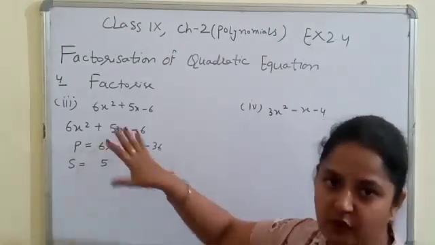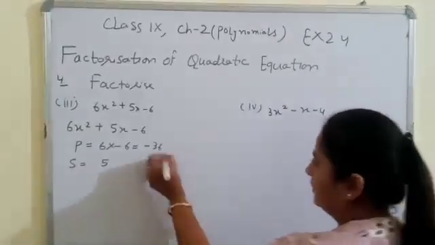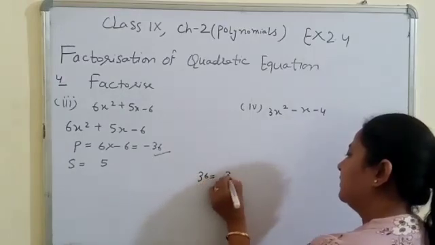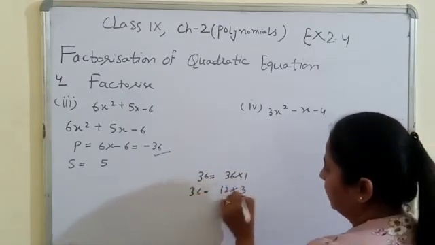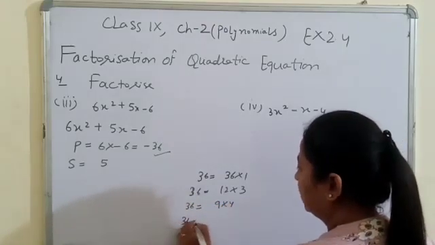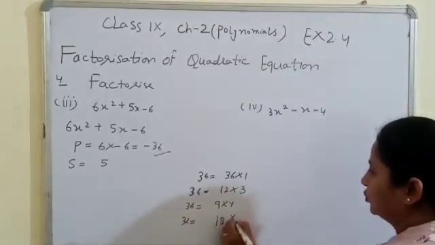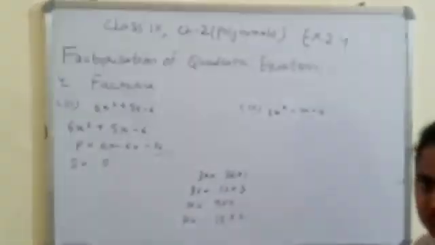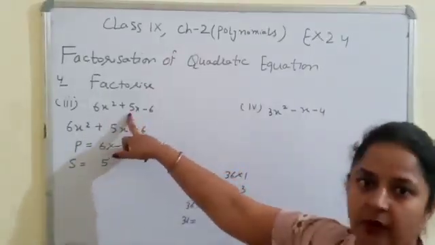The greater number should be positive, and the smaller one negative. So make the factors of 36: 36 and 1, 12 and 3, 9 and 4, and 18 and 2. Yes, one is positive, one is negative, because sum is plus 5 and product is minus.